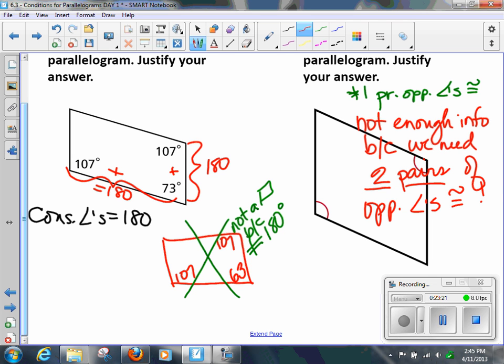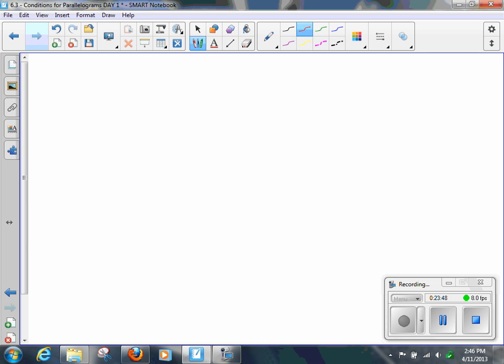Not enough info because we need 2 pairs of opposite angles congruent. Questions? Yeah, but it's not talking about the sides though. This was just showing those 2 angles marked congruent. Okay? Questions? Are you going to remember that? I hope so. Here we go.